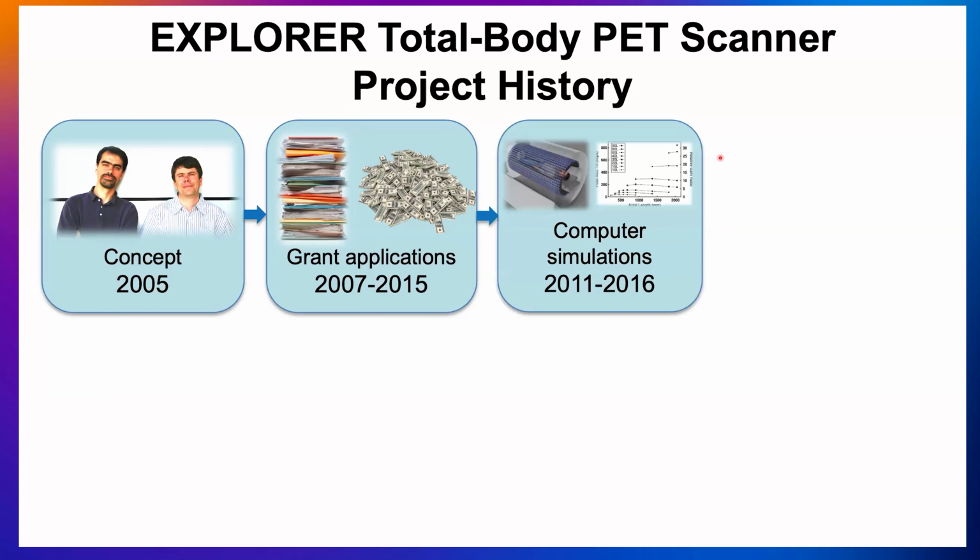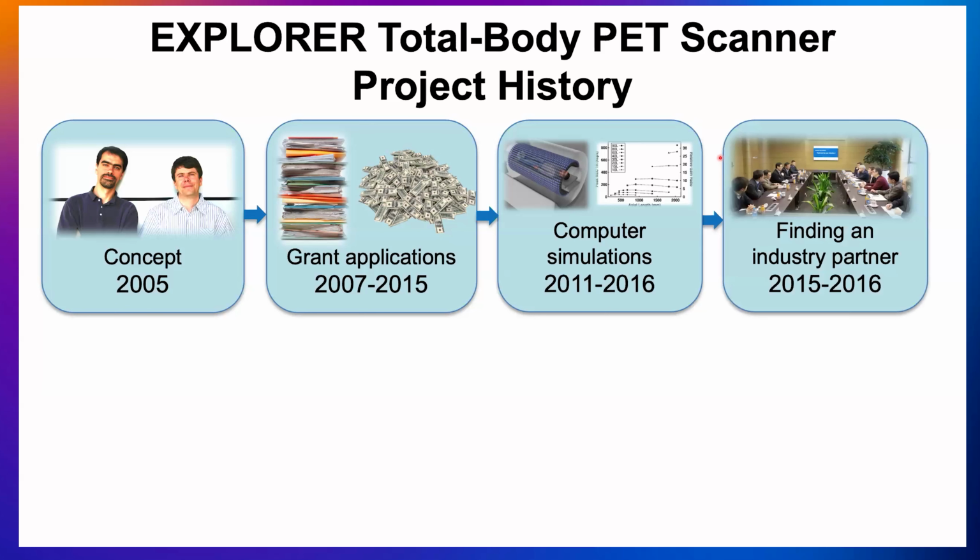We were able to run computer simulations. It's about all we could afford to do for quite a few years. But eventually in 2015, we got a very large grant from the National Institutes of Health here in the United States that would allow us to build a complete prototype total body PET scanner. And then the big challenge was to find an industry partner to do this with, because as an academic group, there was no way we could build something on this scale by ourselves.